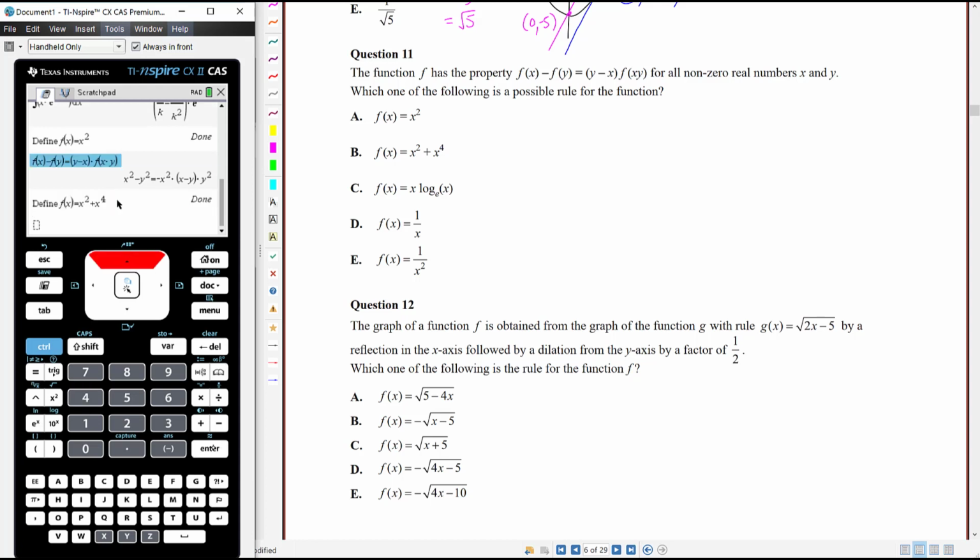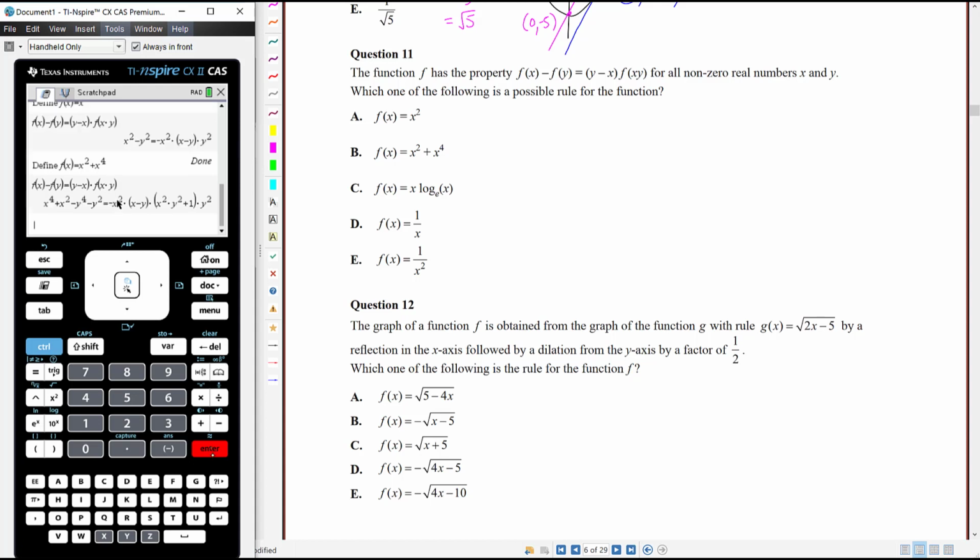I just want it to now, for my new definition of f of x, work this out. Nope, not true. Okay, so menu 1.1, define option C: f of x is x times log e of x, so ln of x on my CAS. Get it to work out this identity again. Nope, not true for all values of x and y.